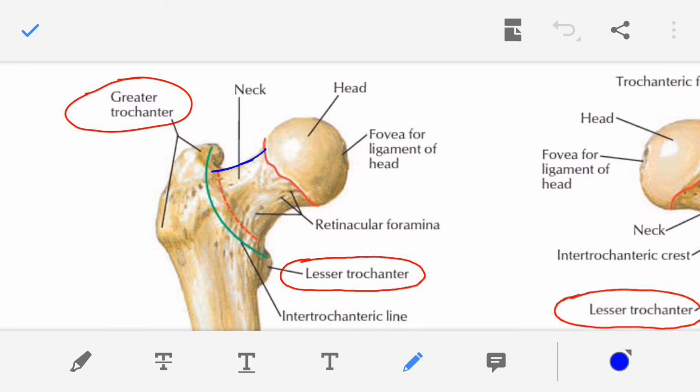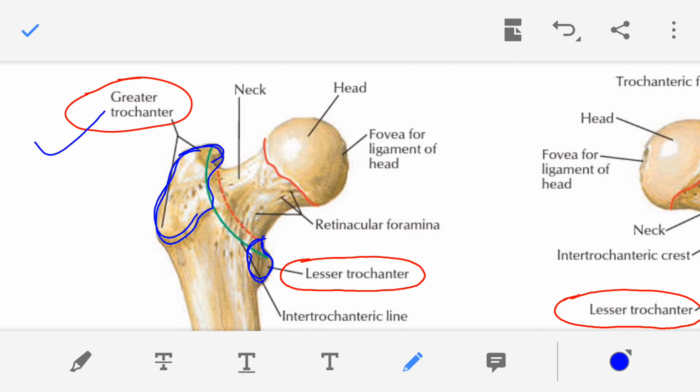This is the neck, this one is the shaft. So this part is the junction between neck and shaft, and here as you can see, this projection, a slightly bulged out area, and this bulged out area.